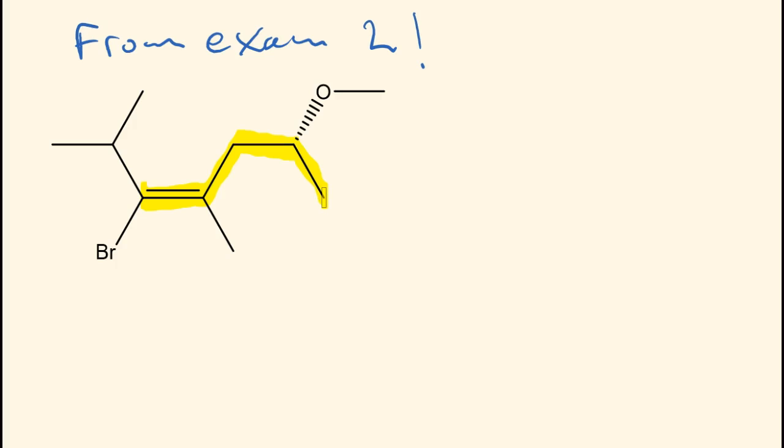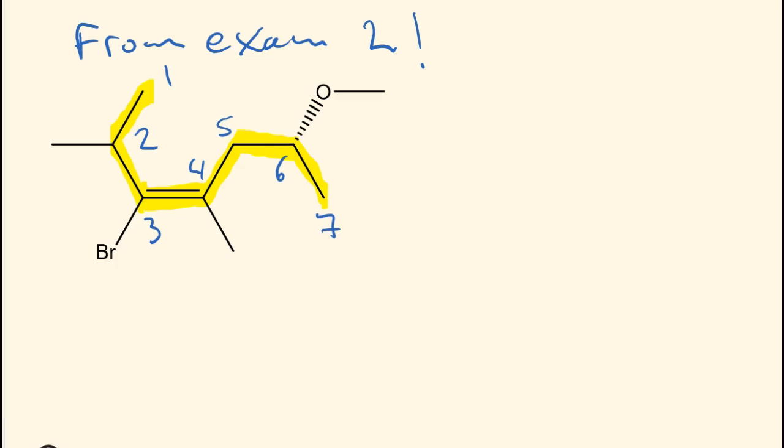You want the longest carbon-carbon chain possible that includes the double bond. And even though you want to have the double bond get the lowest locant possible, that's more a matter of which side you start numbering from, right? So clearly in this case, you'd want to go 1, 2, 3, 4, 5, 6, 7, okay?